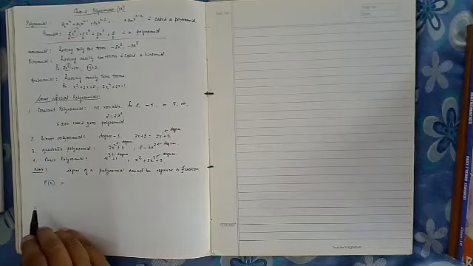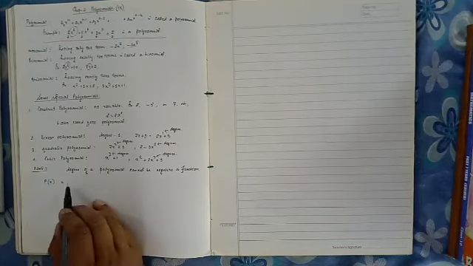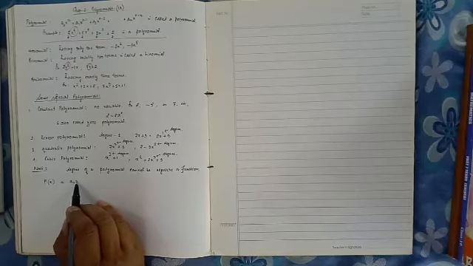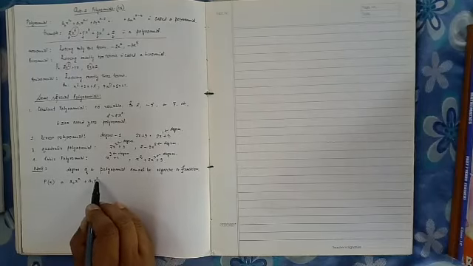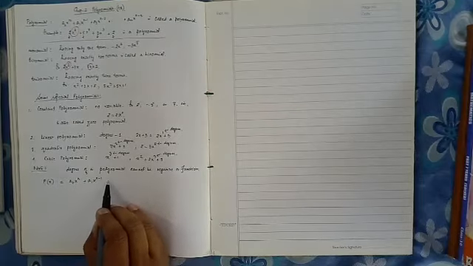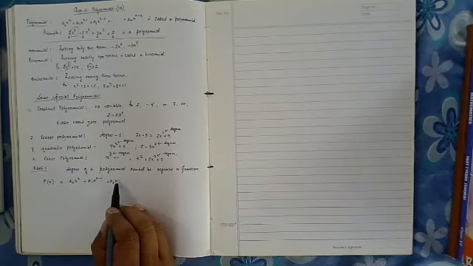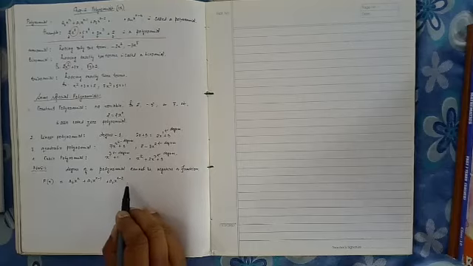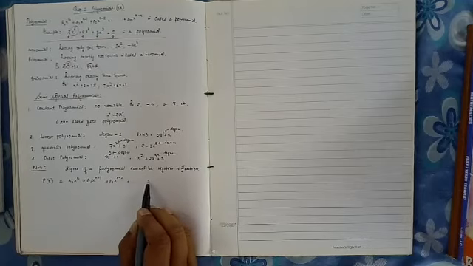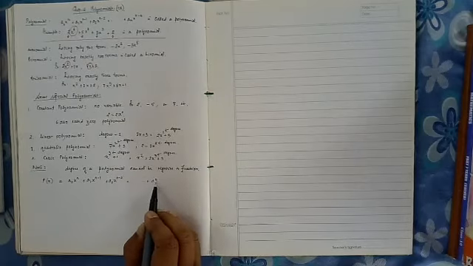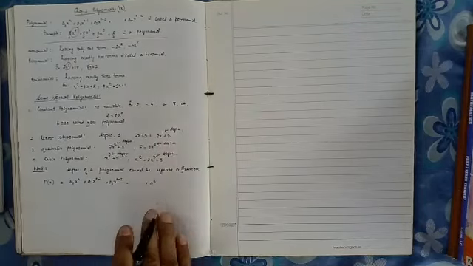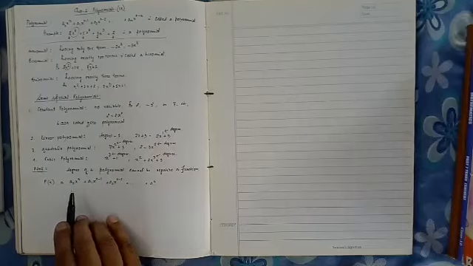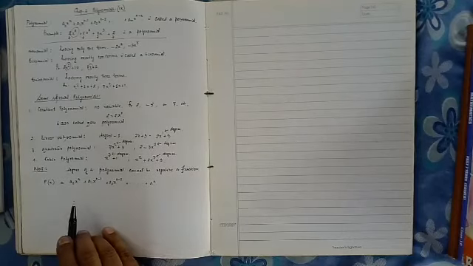So suppose we have written p of x is equal to a0 x to the power n plus a1 x to the power n minus 1 plus a2 x to the power n minus 2 plus an, meaning x to the power 0. So this is a polynomial. Everywhere we see that the variable is x.